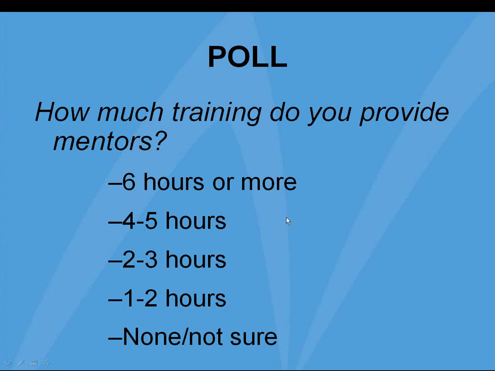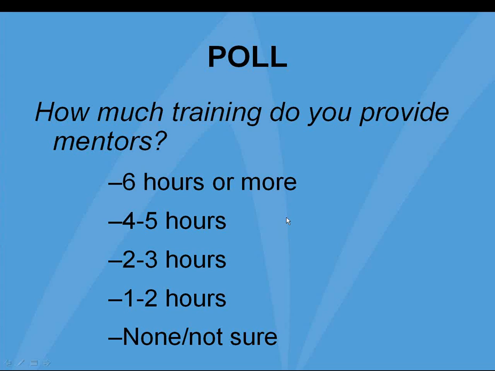Quite often this refers to specific populations that your programs are working with. So we had referenced things like children in foster care, children of incarcerated parents. There's several programs that work with youth that are involved in the juvenile justice system. And then in some cases we have programs that are serving youth with specific disabilities.